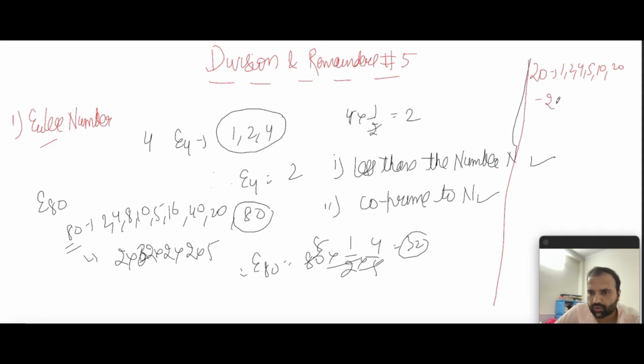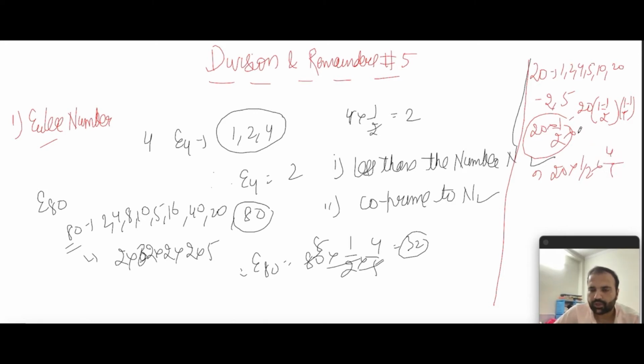That would be 2 and then 5. So we do 20 into 1 minus 1 by 2 and 1 minus 1 by 5. So it gives 20 into 1 by 2 into 4 by 5.